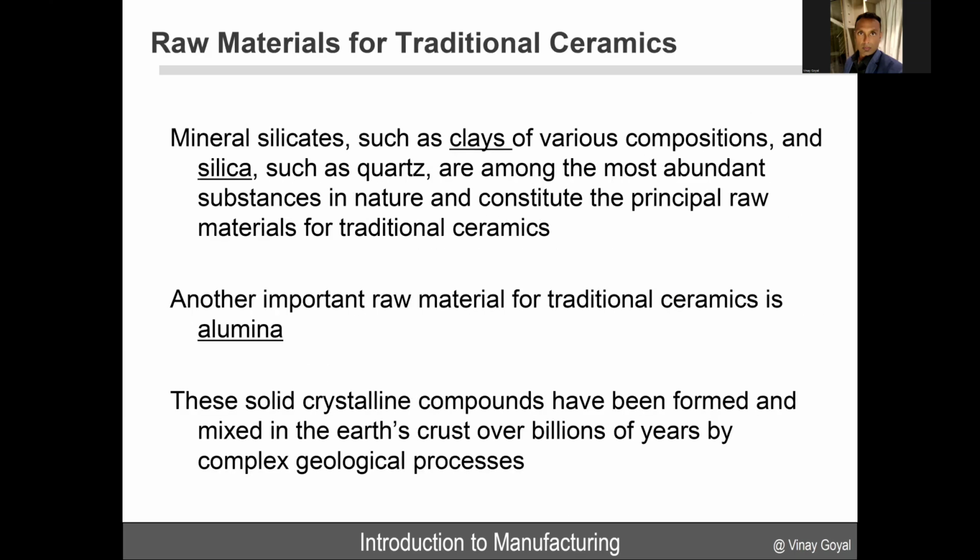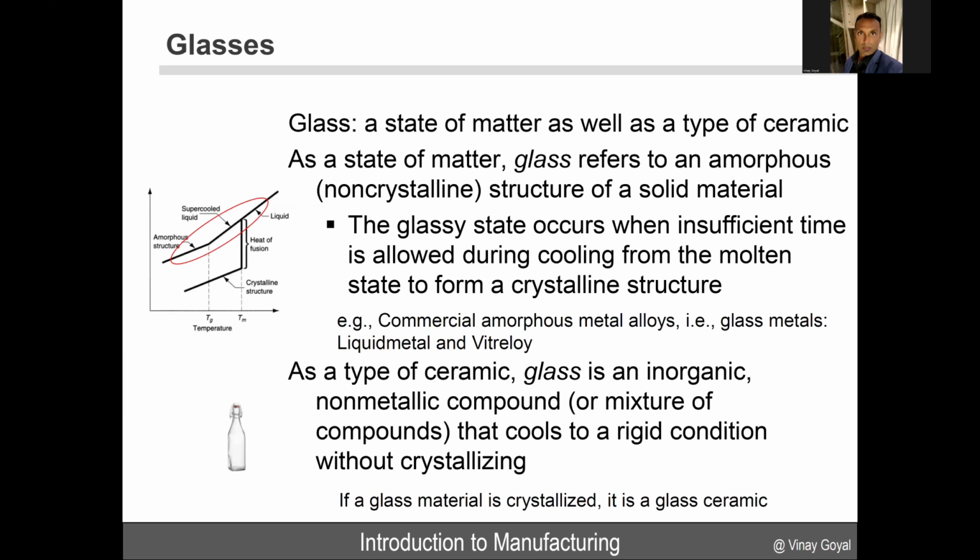Now, this is ceramics looking at glass as a state of matter as well as a type of ceramic. As a state of matter, glass refers to the amorphous structure of a solid material. The glassy state occurs when insufficient time is allowed during cooling from the molten state to form a crystalline structure.